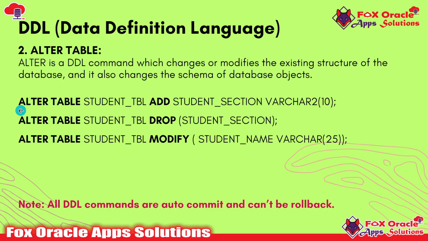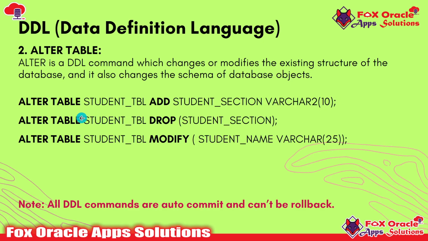Then we use alter table with the add keyword, which helps us add new columns to our table. In student_TBL, we want to add one more column named student_section, with this data type.